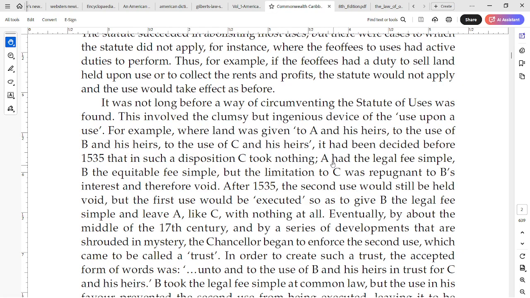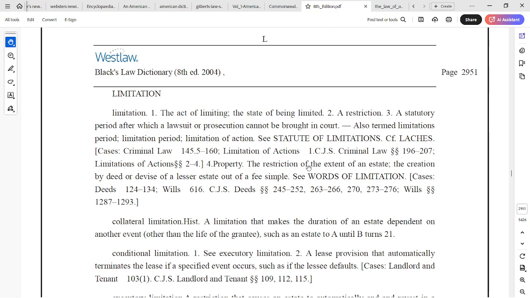So when we look at the explanation here, A had legal fee simple, B the equitable fee simple, but the limitation, the restriction out of an estate, let's look at it again, limitation. The restriction of the extent of an estate, the creation by deed or devise of a lesser estate out of a fee simple.